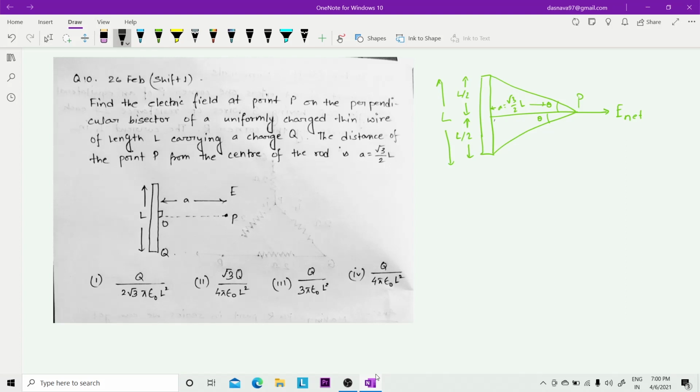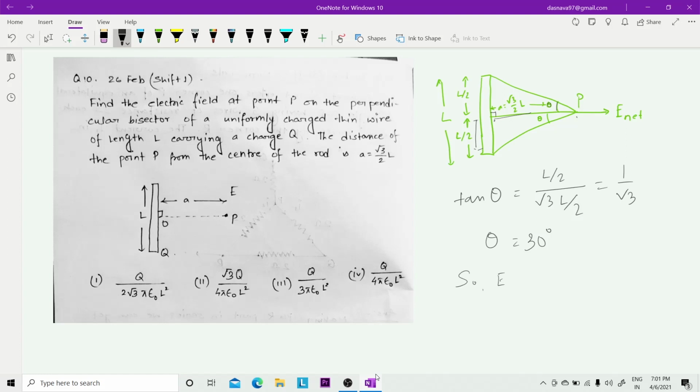Now the distance between the center and point P is root 3 by 2 into capital L. Now these two ends of the rod are subtended by an angle theta. From the diagram we can write tan theta equals L by 2, this perpendicular, over root 3 L by 2, this base. So the value of tan theta will be 1 by root 3. So theta will be how much? 30 degree.